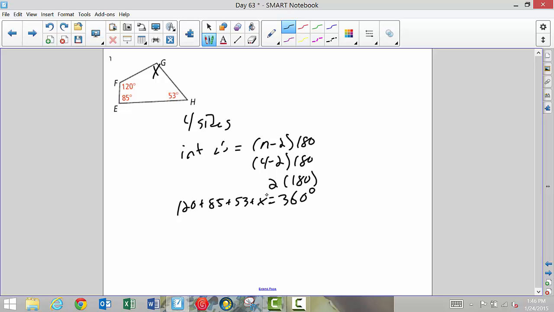So I add up 120 plus 85 plus 53, and I get 258 plus x equals 360. Subtract 258 from both sides. So 360 minus 258, I get 102. And that is the measure of angle G.